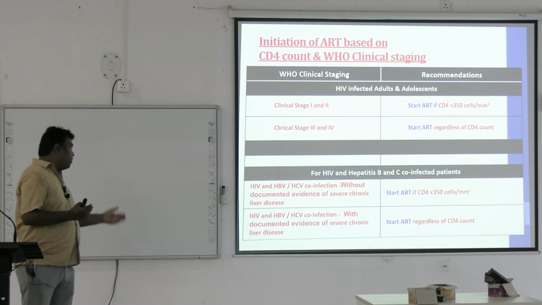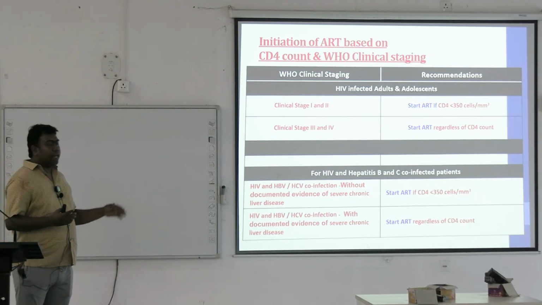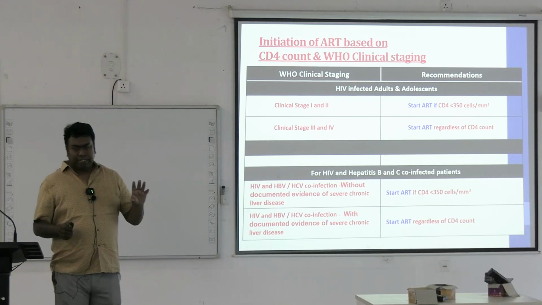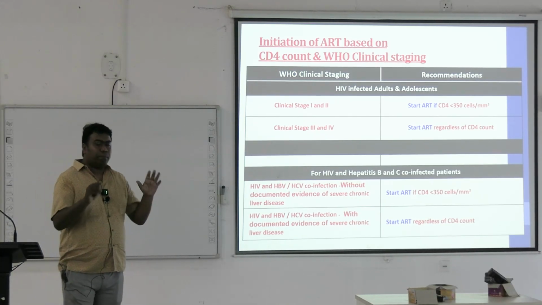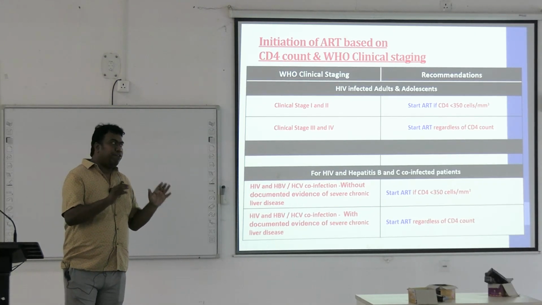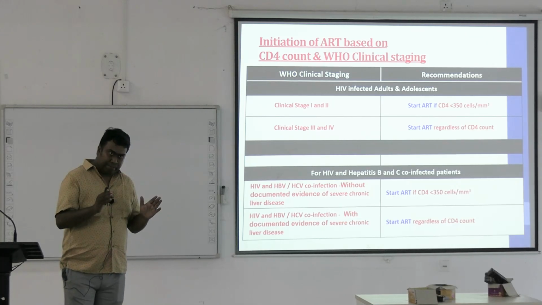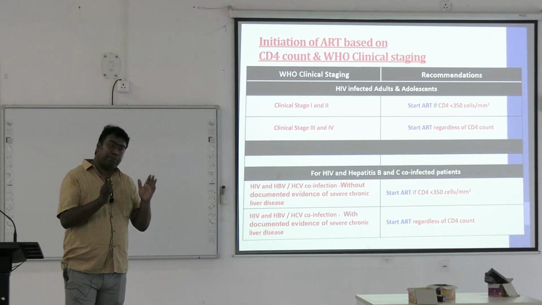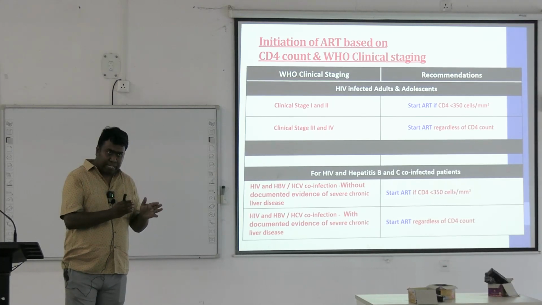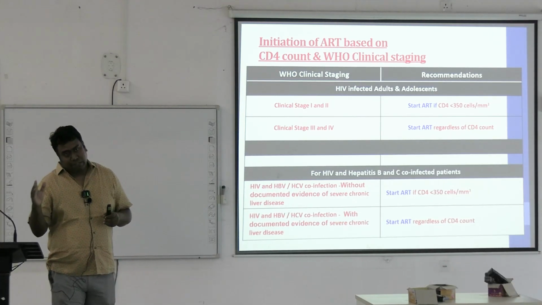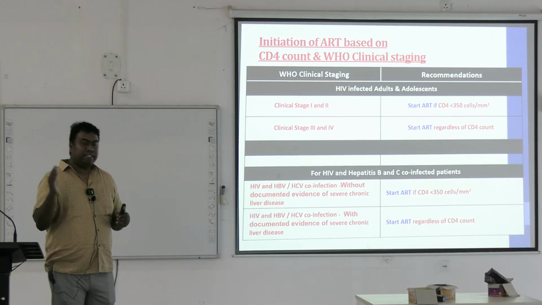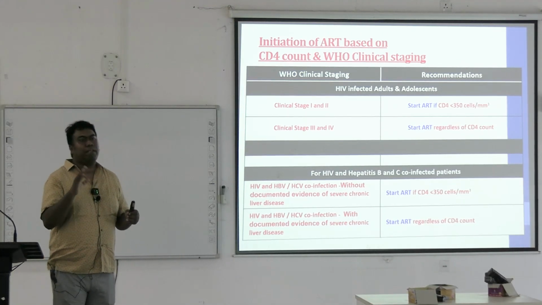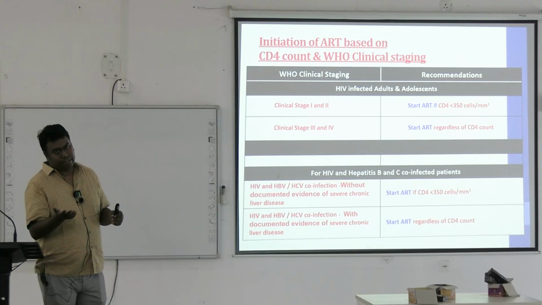But if there is evidence of chronic severe liver disease, then irrespective of the CD4 count, we have to start HAART. So the basic thing is that if symptoms are there, we will start. If symptoms or evidence are not there, then we go for the CD4 count. If CD4 count is less than 300, 350 or 400, irrespective of the symptoms, we have to start HAART. Clear?